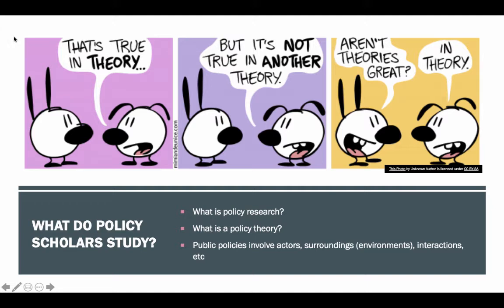And one of the reasons why this is so difficult in the area of policy studies is, number one, I don't think these things are taught in ways that make for good understanding, but also the field itself is so diverse, relatively new, and always changing, so it makes it a little bit difficult.